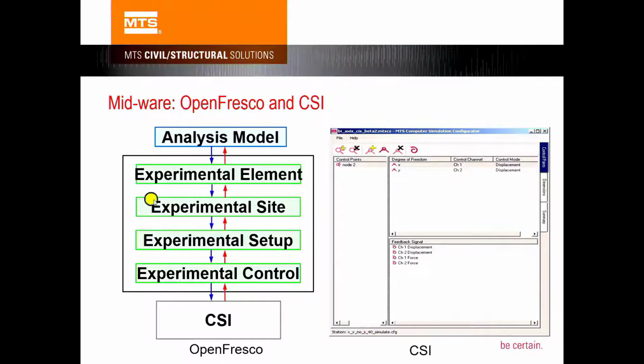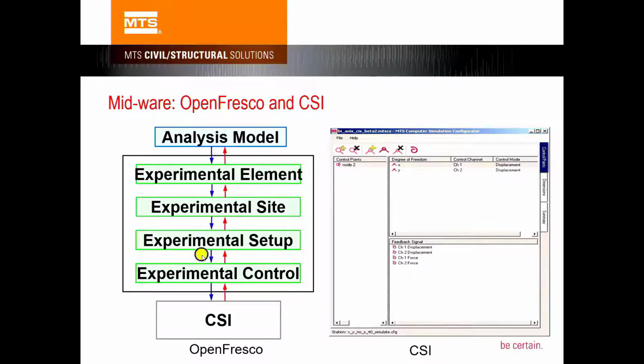OpenFresco gets the command from analysis software like OpenSees. The middle part, OpenFresco, does the transformation and outputs the command in the format that MTS software can accept. Then CSI, that's MTS software, gets the command and maps it to the proper channels in the controller.